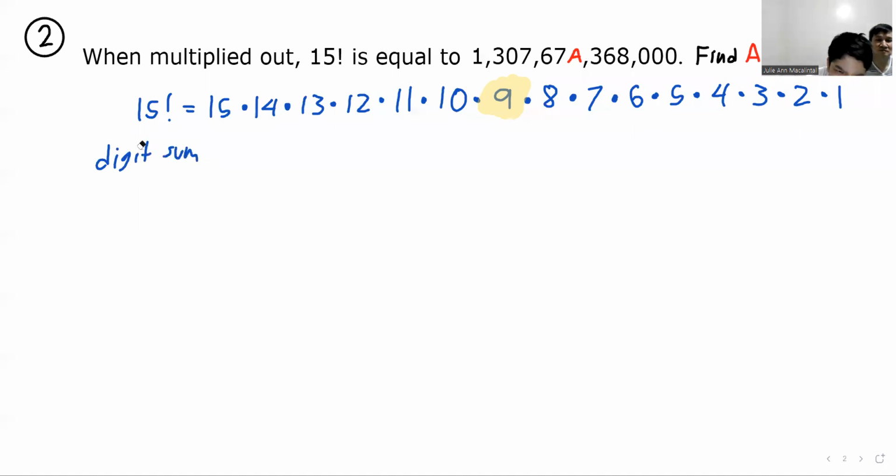I'll just use a more concise notation: digit sum of x when 9 divides x.